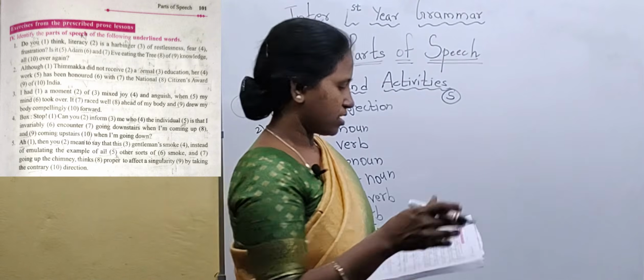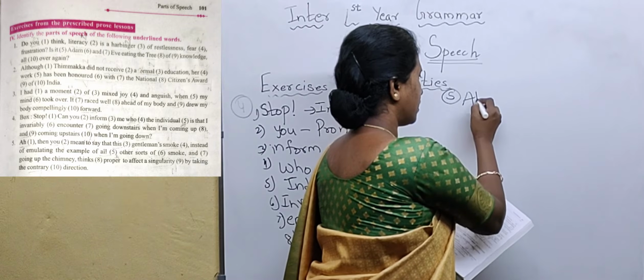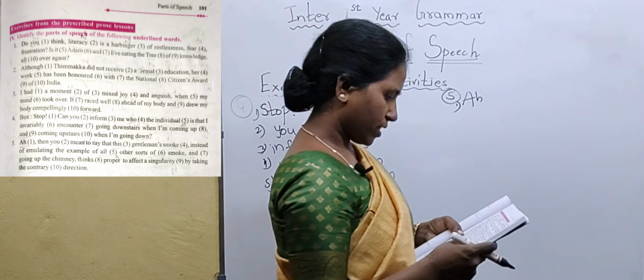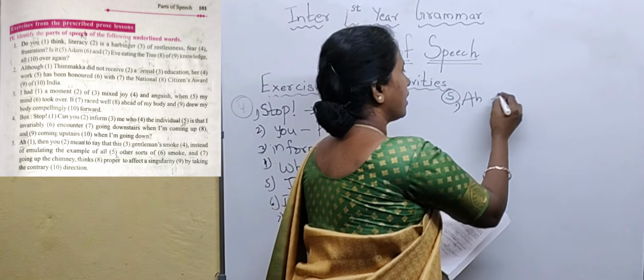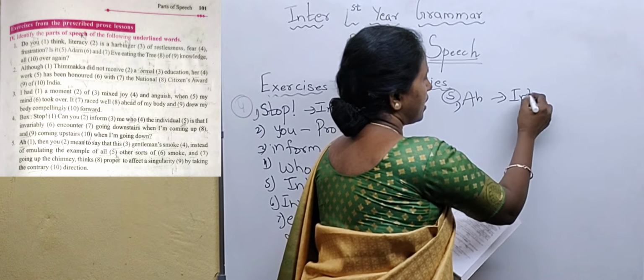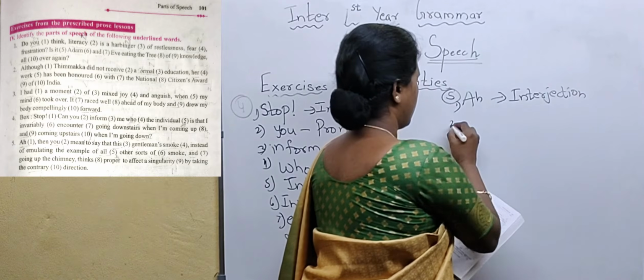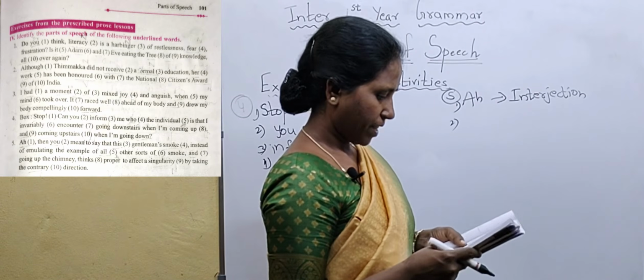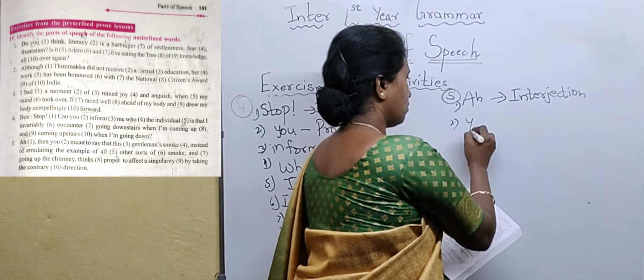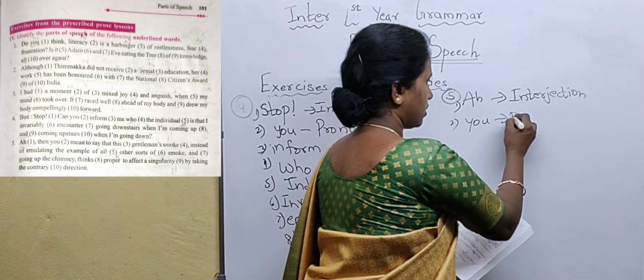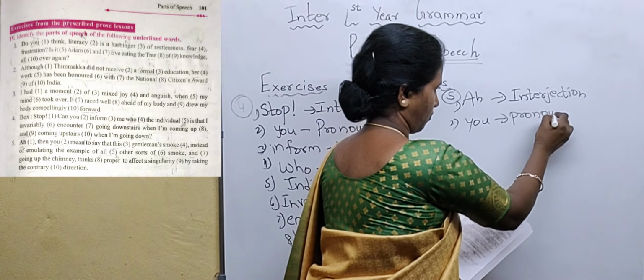Okay, what is here? Though there is no exclamatory mark, we can understand that this is an interjection. Then you. What is you? You is a pronoun.